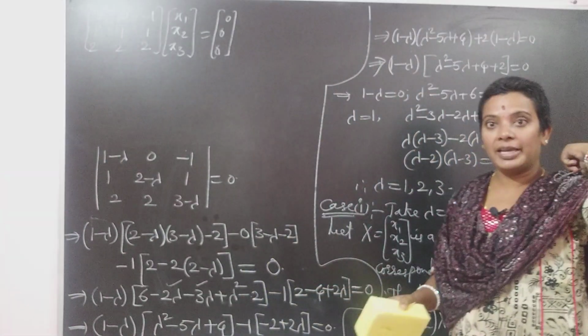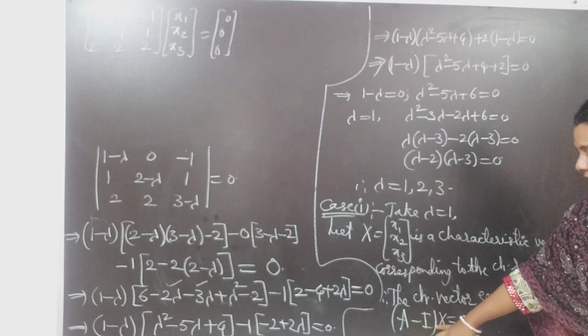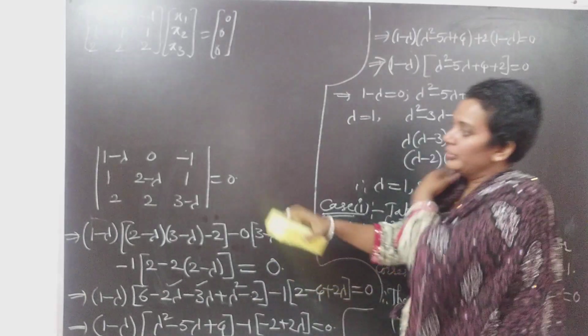That is A minus lambda I, meaning A minus I into X equal to 0.